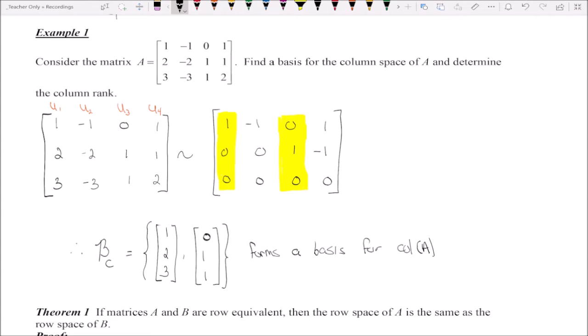And let's represent column space as col of A. Right, since there are two vectors in the basis, that means that the dimension of this column space is 2, which means the column rank itself is also equal to 2.